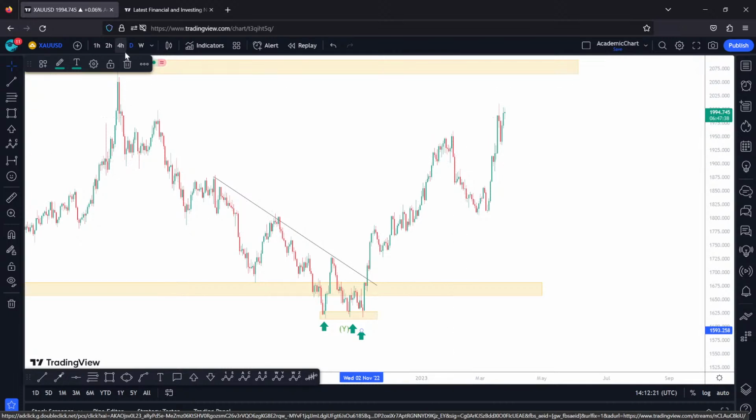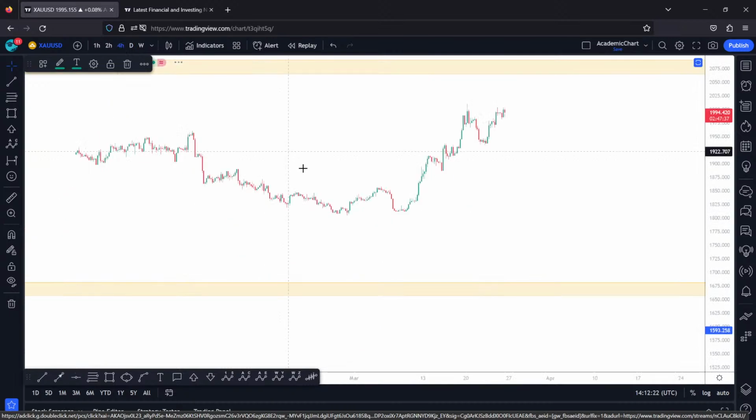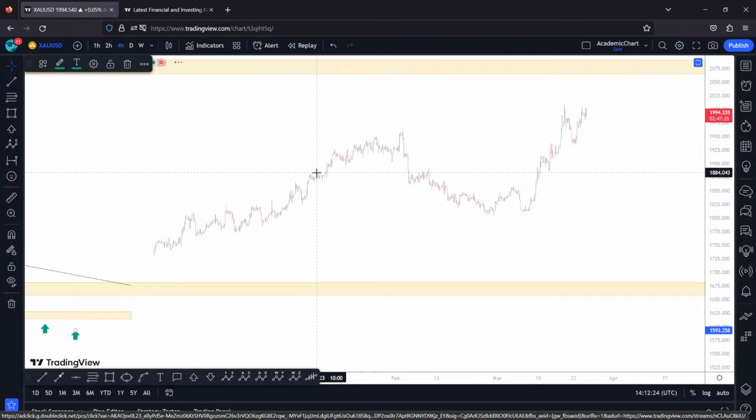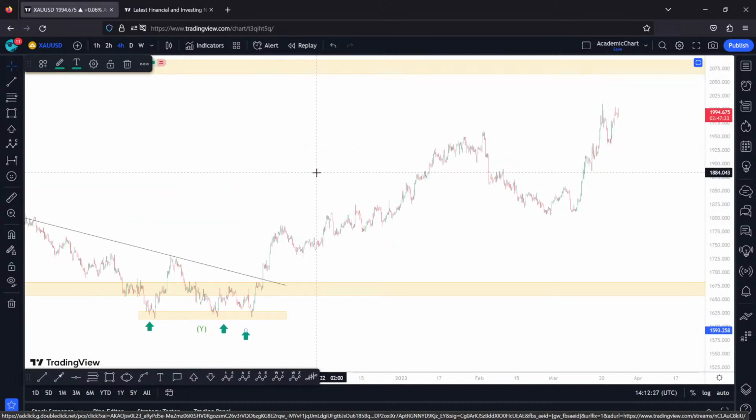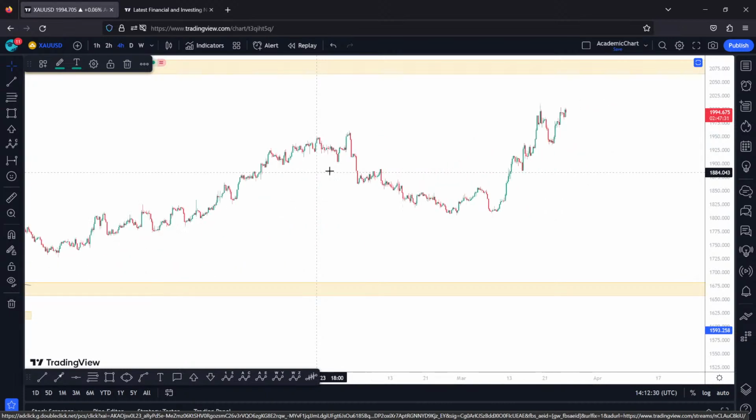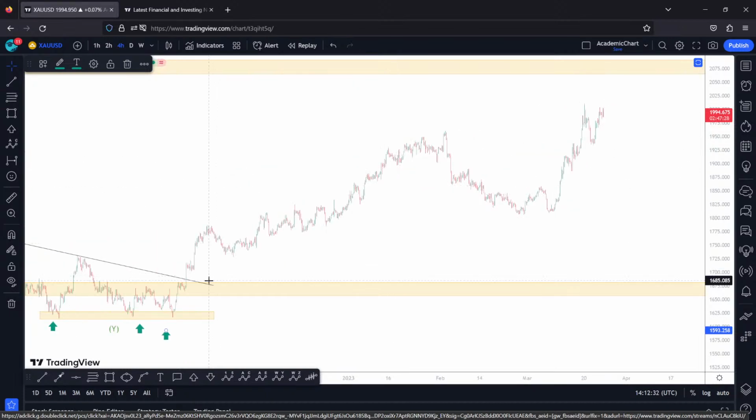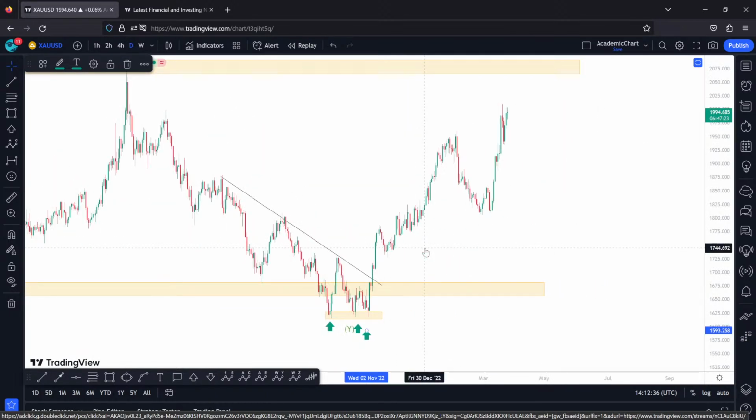Let's jump into the hourly again. Now it's time to talk in more depth about this final wave. Just coming back to the daily again, just to complete, we know that it is going to be an ABC.